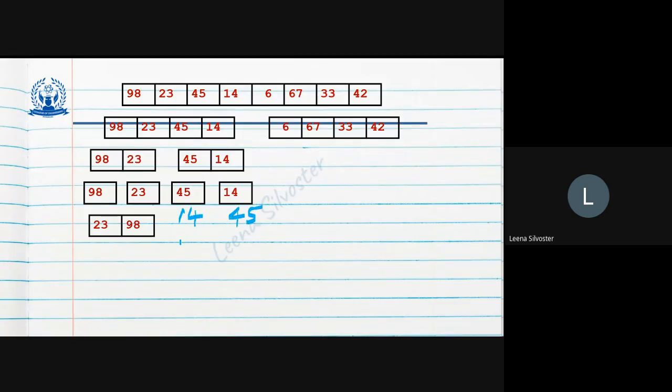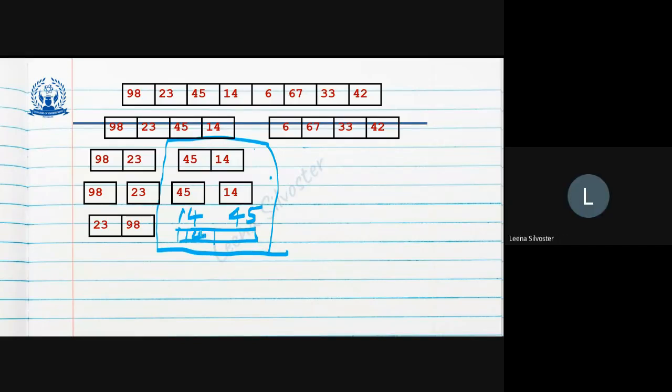Merging means how many elements will be in that set after merging? How many elements will be present after merging? Tell me how many elements. Actually, we are concentrating on this only. So there will be how many elements? 2. Two elements.